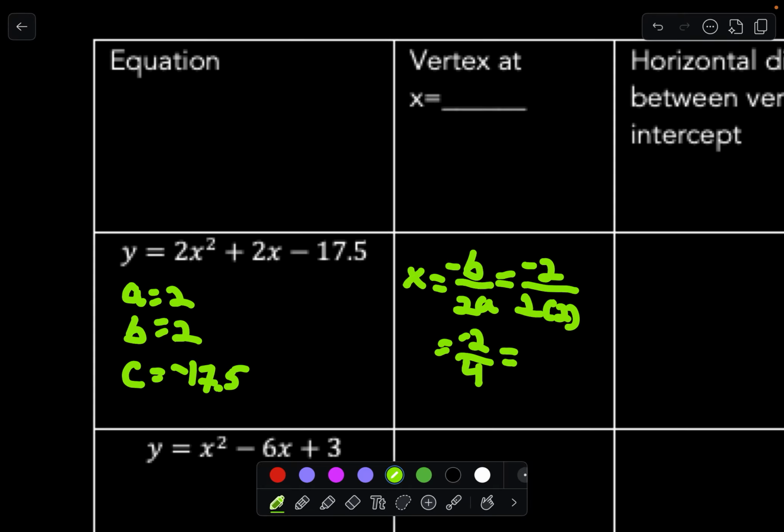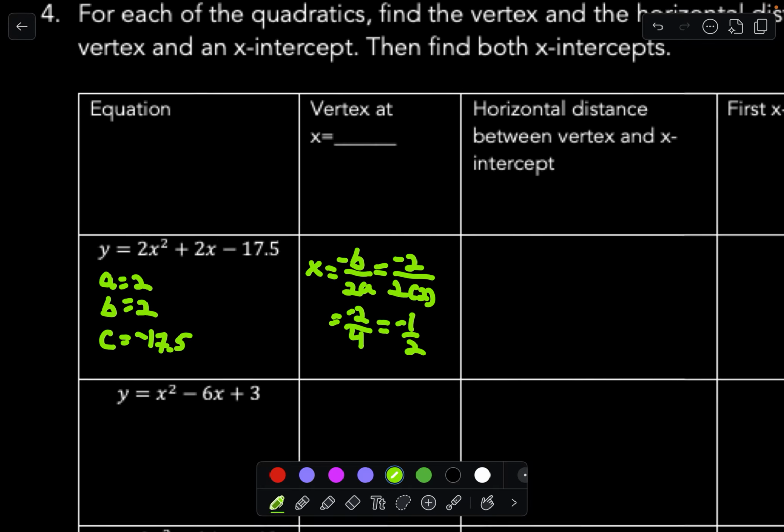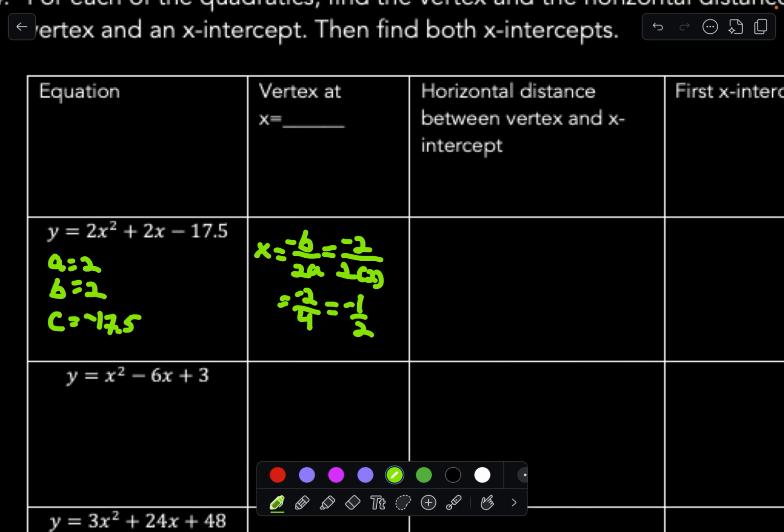Which is negative 1/2. Okay? The horizontal distance between the vertex and x-intercept is always going to be the square root of h squared minus c over a. All right? So that horizontal distance, and this x here is h, so h equals negative 1/2.